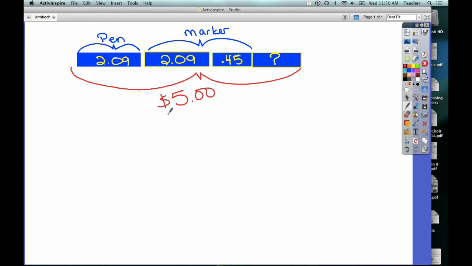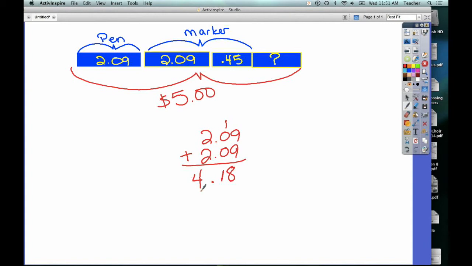So $2.09 plus $2.09. 9 plus 9 is 18. Carry the 1. Bring down a decimal. 2 plus 2 is 4.